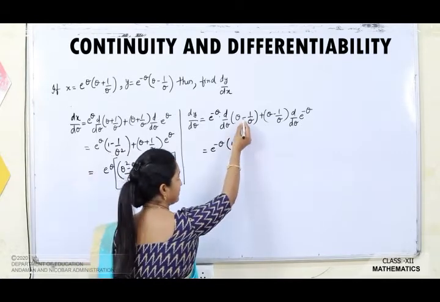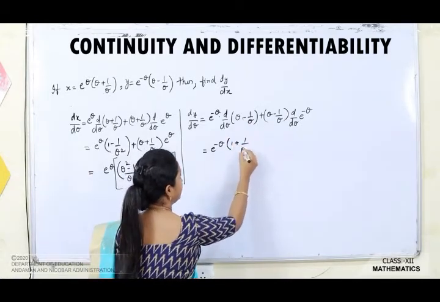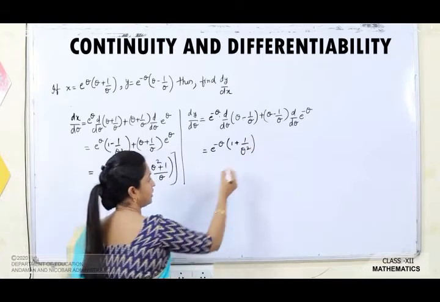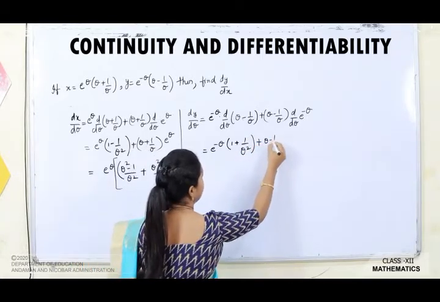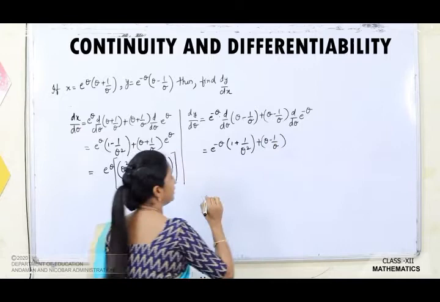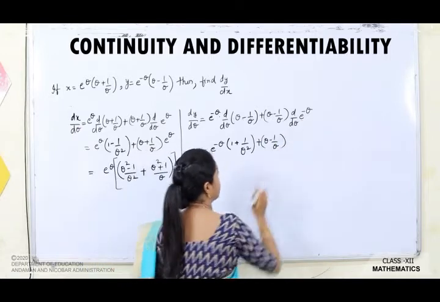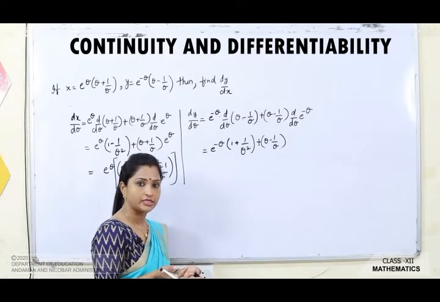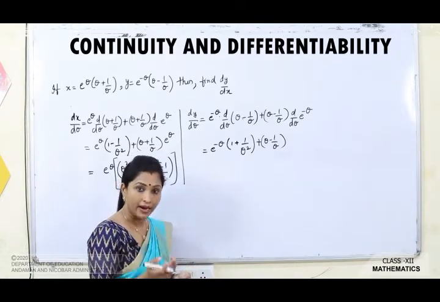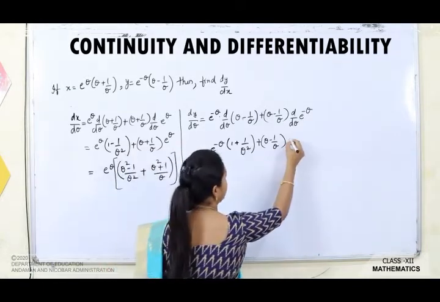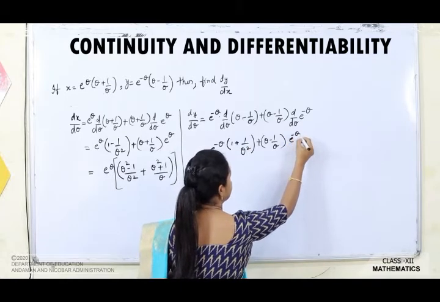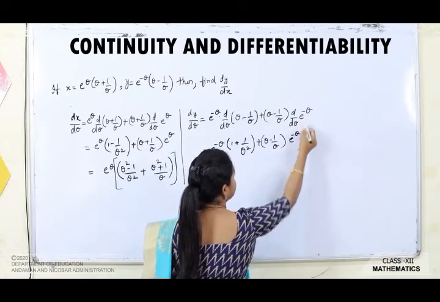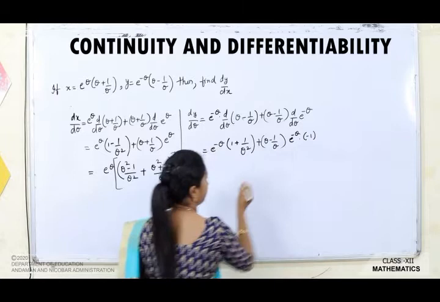So, here minus minus plus 1 by theta square plus theta minus 1 by theta, derivative of e power minus theta. We know the derivative of e power theta is e power theta, but it is e power minus theta. So, you will apply chain rule here, e power minus theta into derivative of minus theta, that is minus 1.